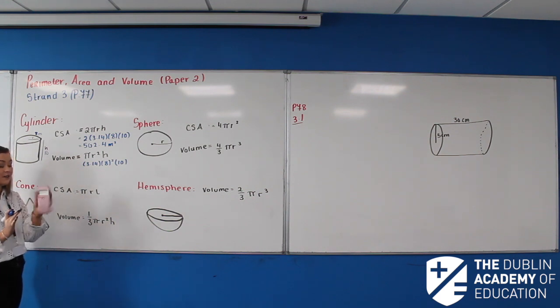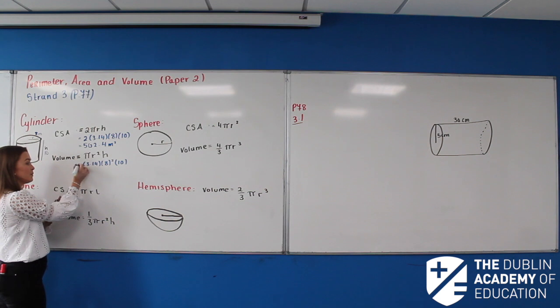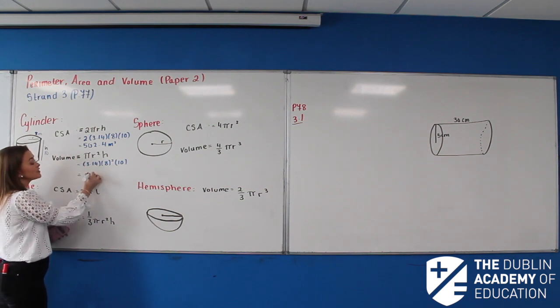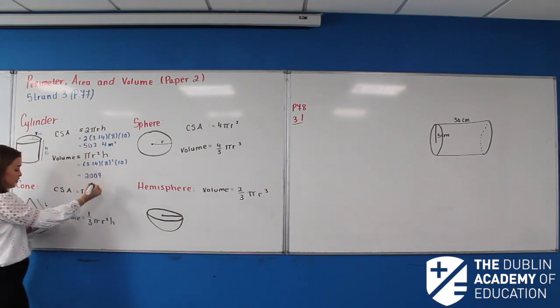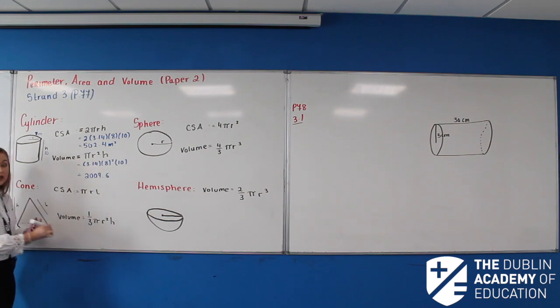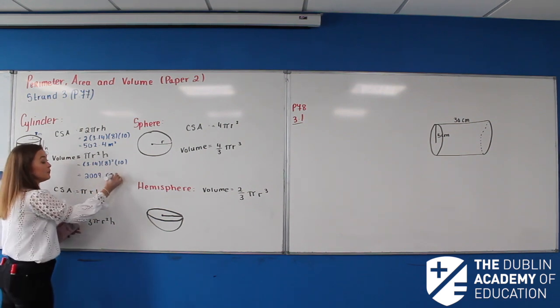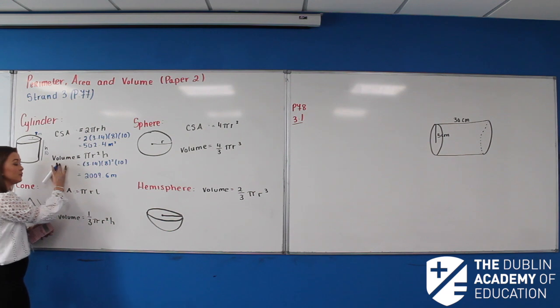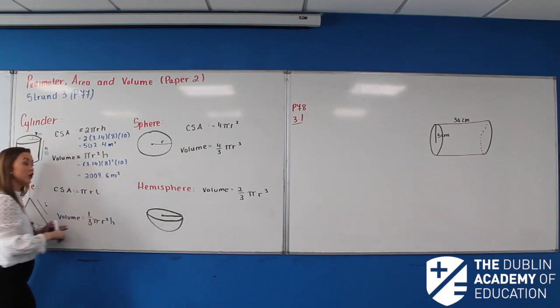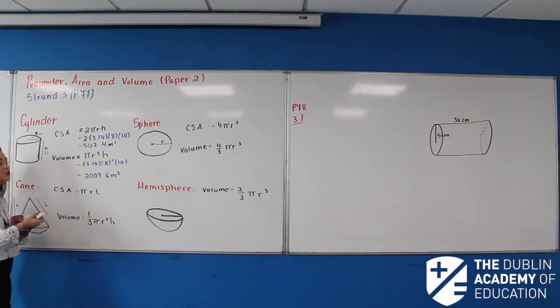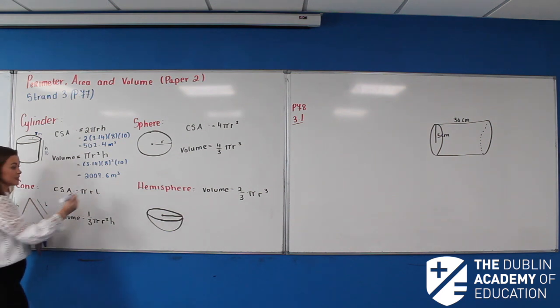And what I get out, again, make sure you put it in decimal form, is 2009.6. Units wise, it's going to be meters, and because it's volume, it's going to be meters cubed. So be very careful to use the correct units.